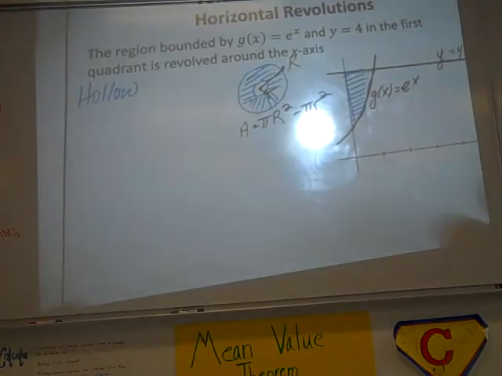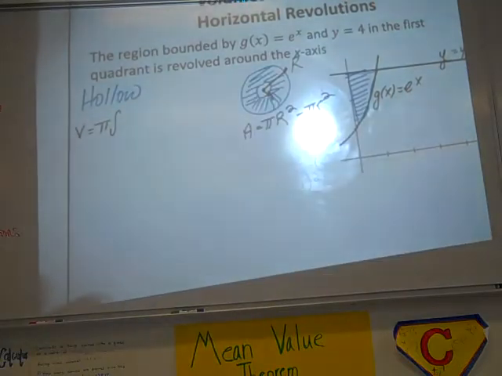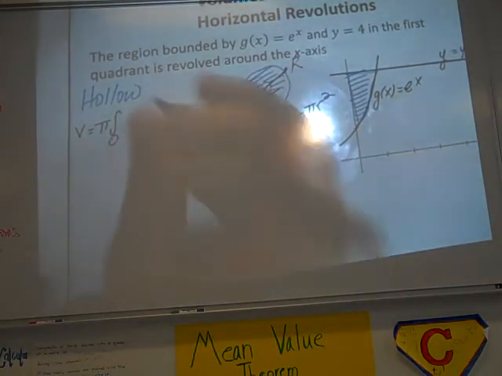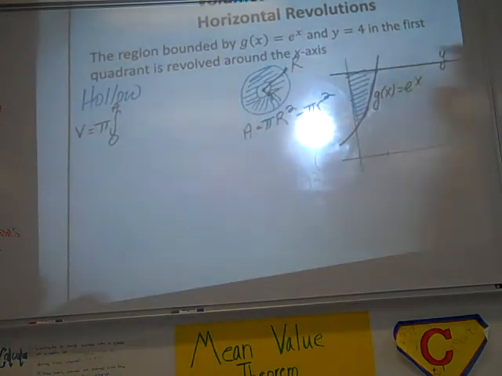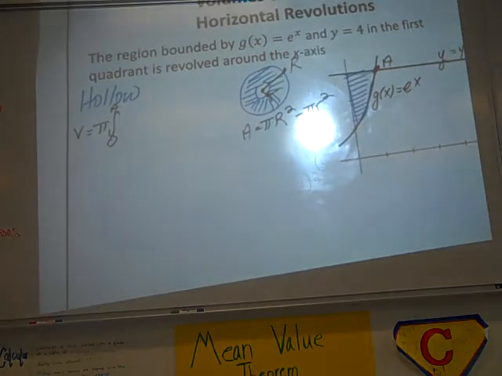For this particular problem, we have volume, so pi. We're doing an integral. Let's see, I know I'm going to start at 0. I don't necessarily know exactly what that endpoint is yet. Don't worry, we're going to go and figure that out.